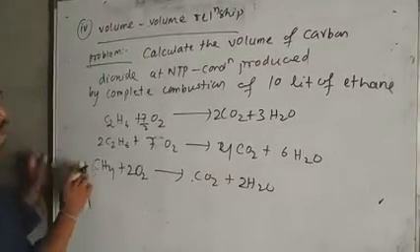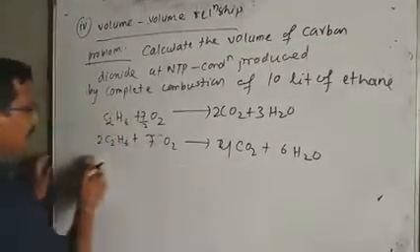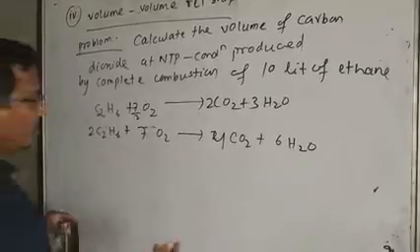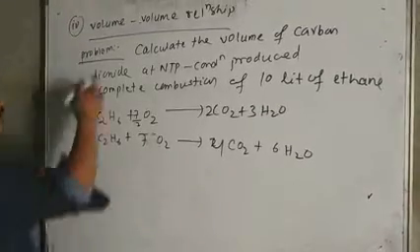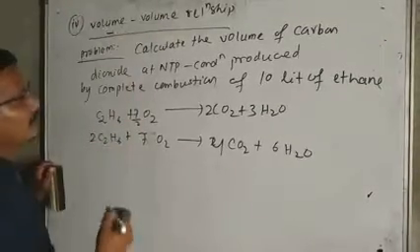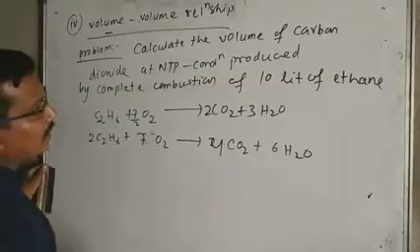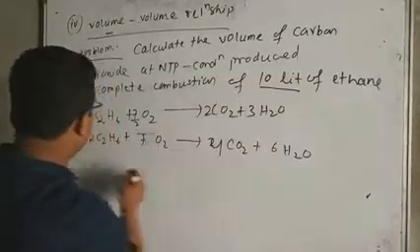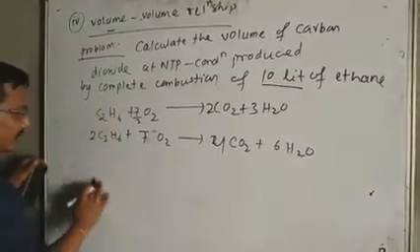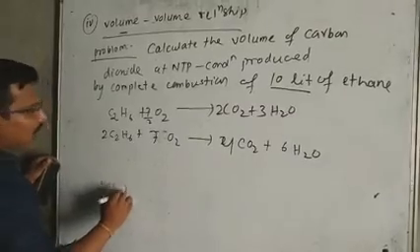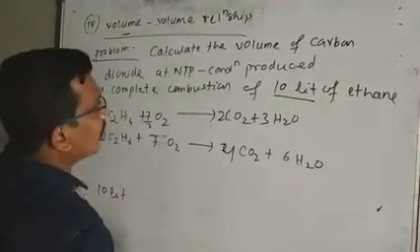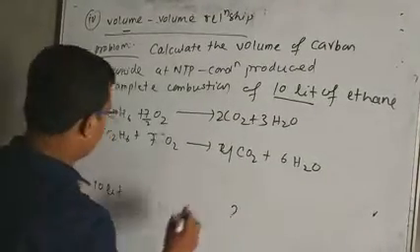Our question is related to ethane, so we focus on the balanced equation for ethane. Volume is given, and volume is also asked. Here 10 liter of ethane, we write 10 liter, and how much volume of carbon dioxide is the question mark.